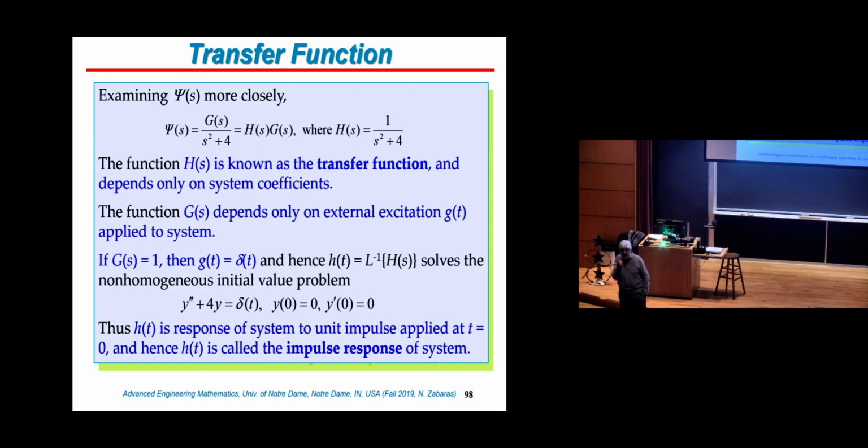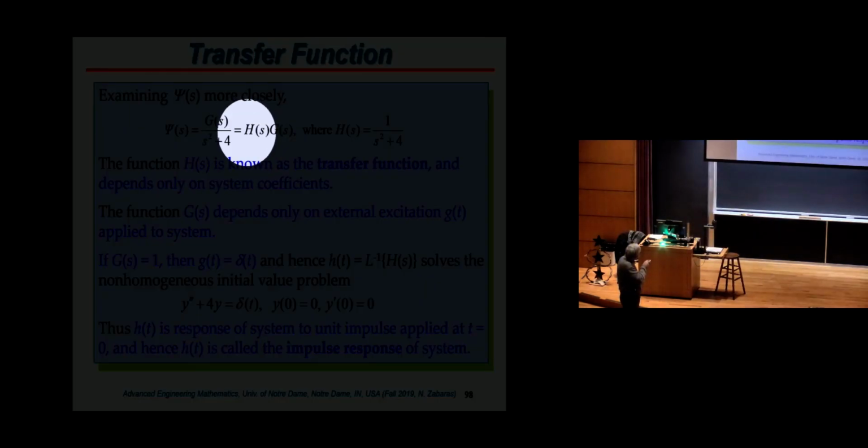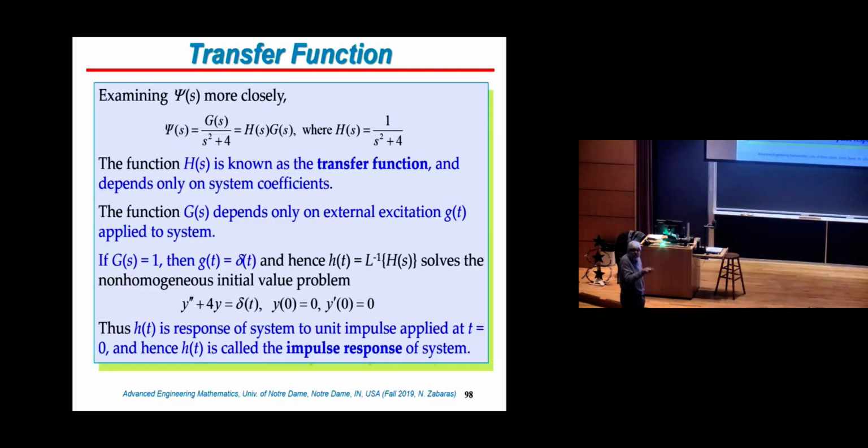You remember that when we have the product of two Laplace transforms, the corresponding function is the convolution of the two corresponding functions. You also told me that h of s alone corresponds to the impulse response. So h times g is the convolution of g with the impulse response.